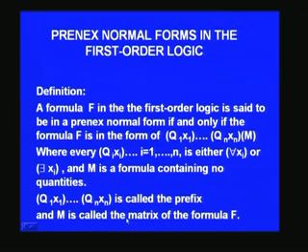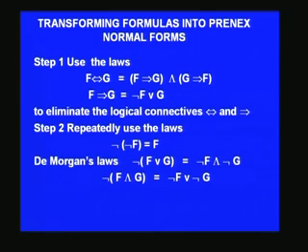Now, any well formed formula of first order logic, you can bring it to Prenex normal form. Let us see how to go about that. The steps you have to go through are given like this.